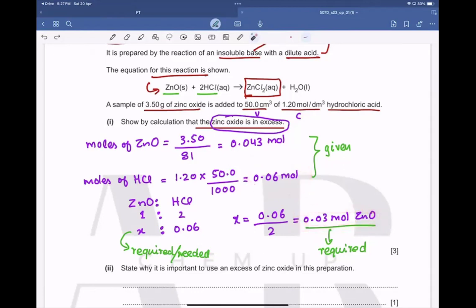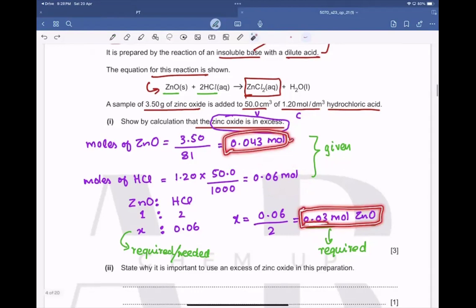Sorry, the 0.06 is of HCl, my bad. The moles of zinc oxide given to us are 0.043. And the moles that we need for this reaction is 0.03. So the moles that are needed are lesser than the ones which are provided to us. So it means it is in excess, isn't it? Is this clear to all of you?